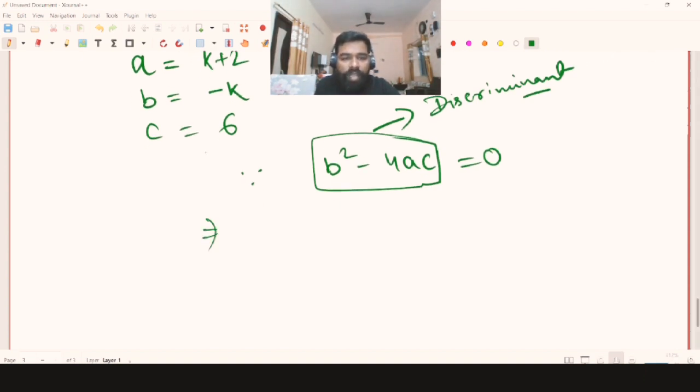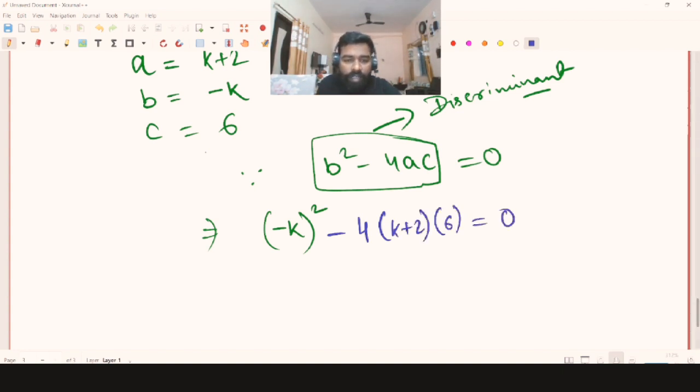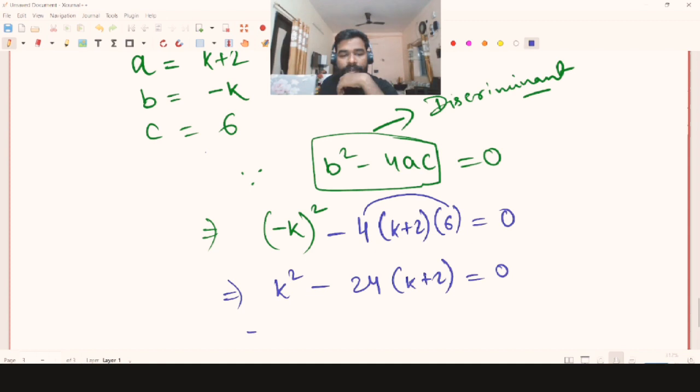This is the name of this particular expression. So b square is minus k whole square, and then minus 4 into a, which is k plus 2, into c, which is 6. So this is k square minus 4 into 6, which is 24, into k plus 2. That gives 24k, and if you multiply you get minus 48.